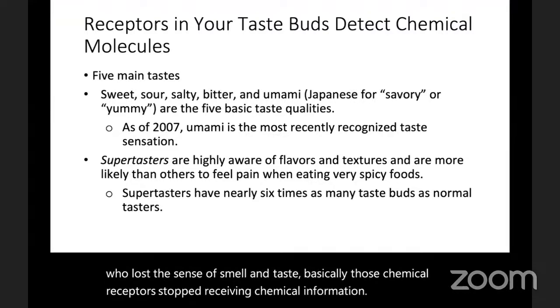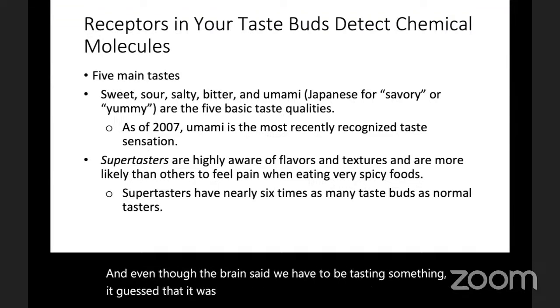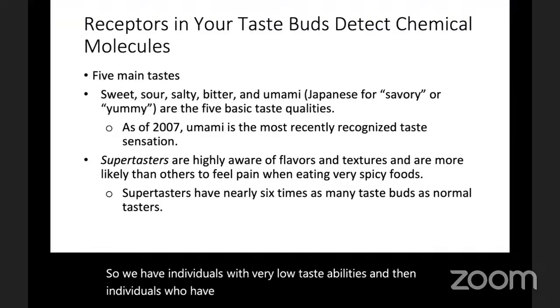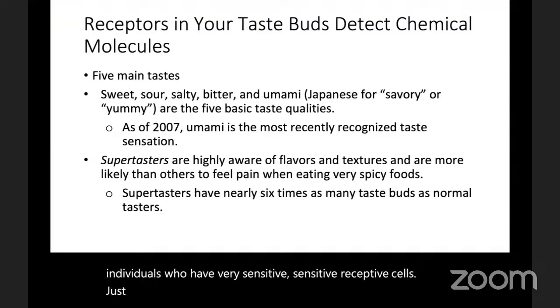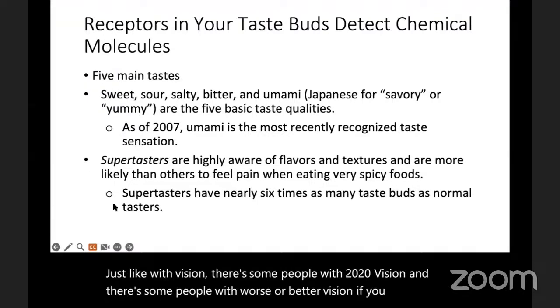Even though the brain said we have to be tasting something, it guessed that it was tasting something bland like cardboard. So we have individuals with very low taste abilities, and individuals who have very sensitive receptive cells. Just like with vision, some people have 20/20 vision, and some people have worse or better vision, if you want to think about it that way.